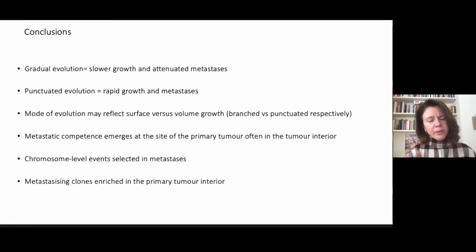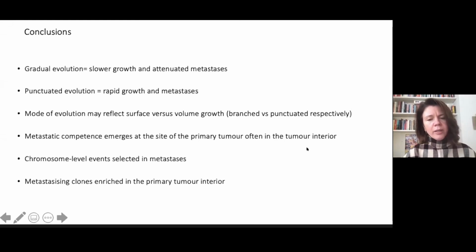And therefore, there is a great deal of divergence between the primary tumor and its metastases. But certainly in the context of clear cell kidney cancer, we're confident that metastatic competence emerges at the site of the primary tumor. Whether it emerges early or late is very relevant to the manifestation of metastatic disease.